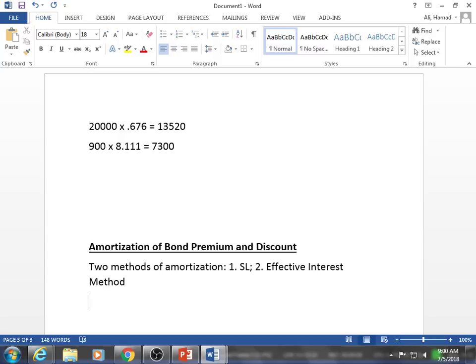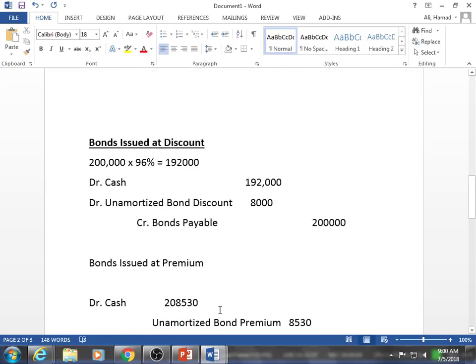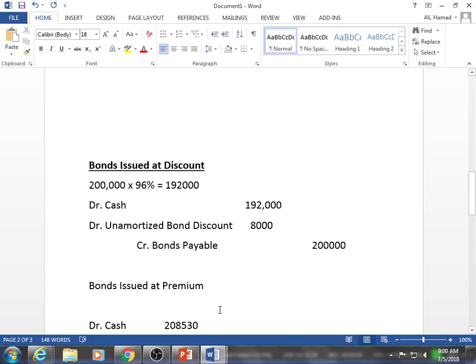Now the original journal entry: we debited cash at 192,000 and we debited the unamortized bond discount 8,000.